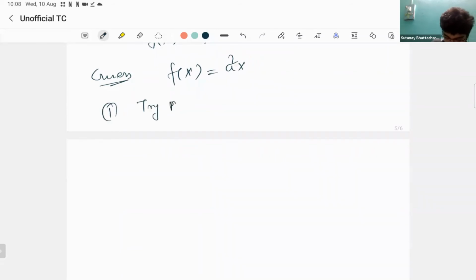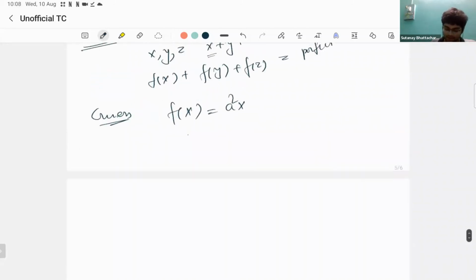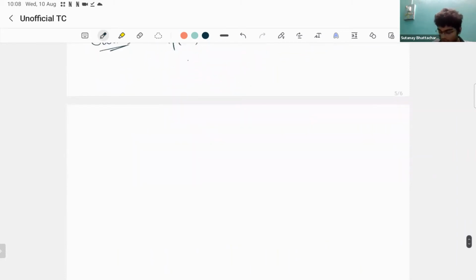So first of all, we want to prove that f of x is linear. Once we have that, the rest should be easy.